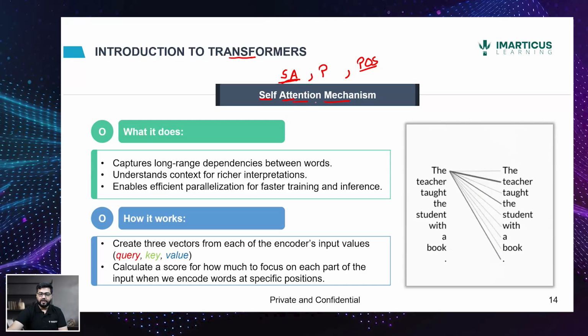At the very beginning of the encoder-decoder architecture, we have these self-attention heads, or multi-head attention network. What it does, basically, is that given a sentence, it is going to capture long-range dependencies between words and also understand the context of the given sentence.